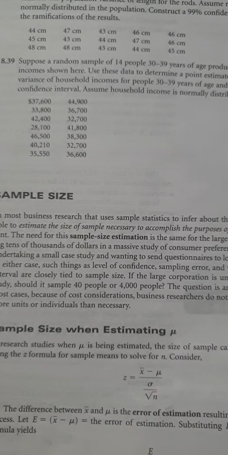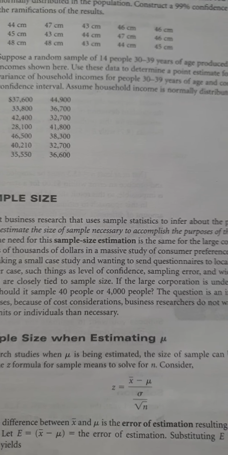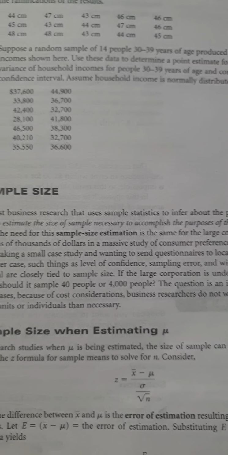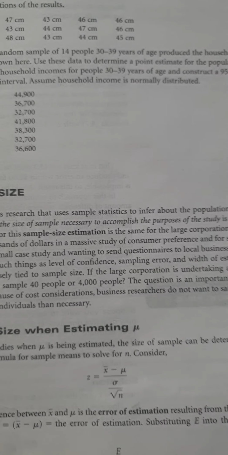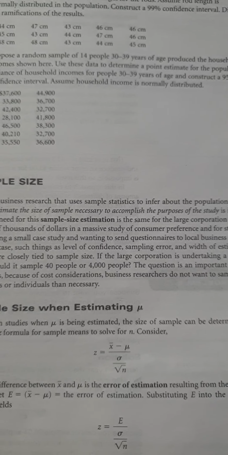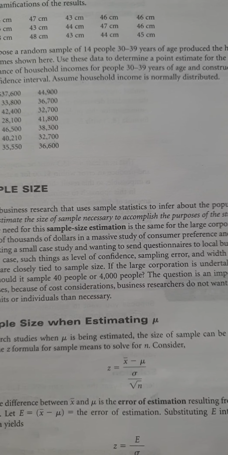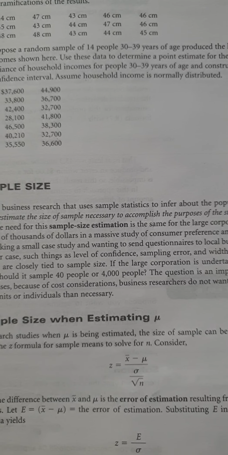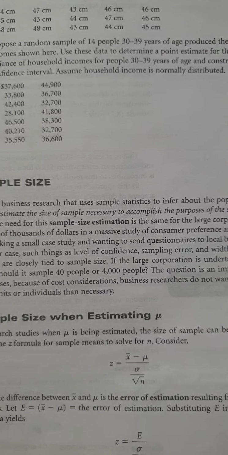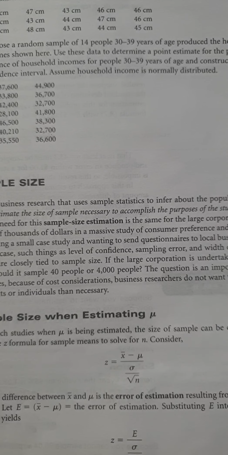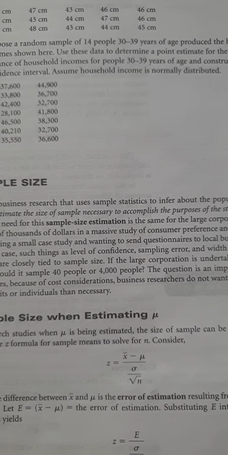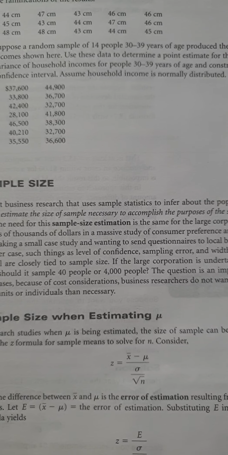Now the last sum number 8.39. Suppose a random sample of 14 people 30 to 39 years of age produce the household income shown here. Use this data to determine the point of estimate for the population variance of the household income for people 30 to 39 years of age and construct the 95% confidence interval. Assume the household income is normally distributed.